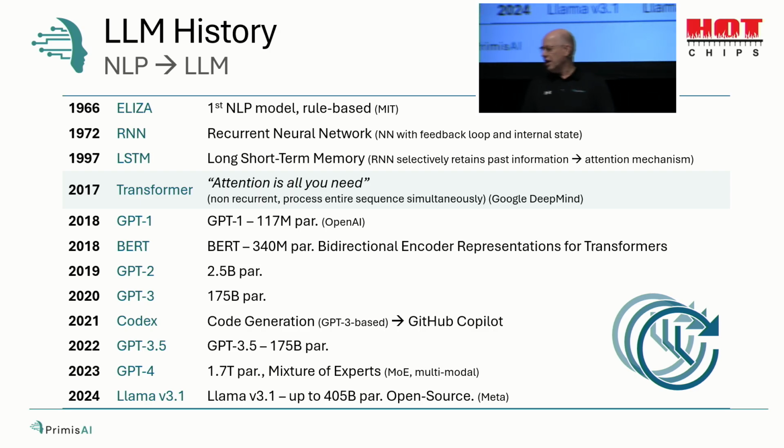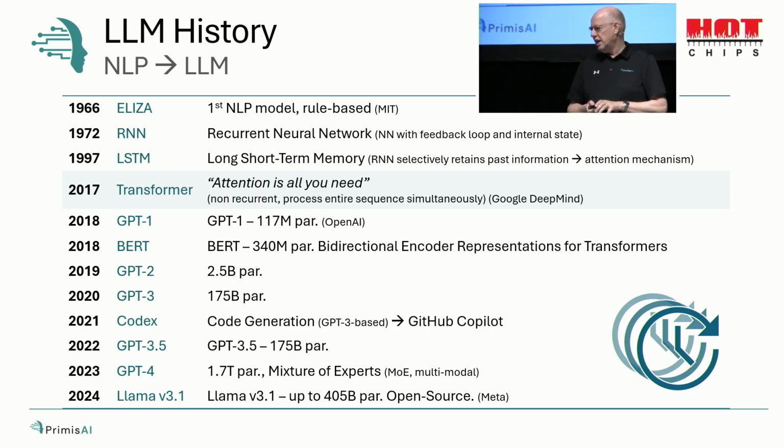Now, the recurrent neural network, which effectively is a neural network with a feedback loop, with an internal state, was proposed in '72, a long time ago, where really the intent is to apply a neural network towards sequential processing. It took till 1997 for the recurrent neural network to be made truly applicable to natural language processing in the form of long short-term memories.